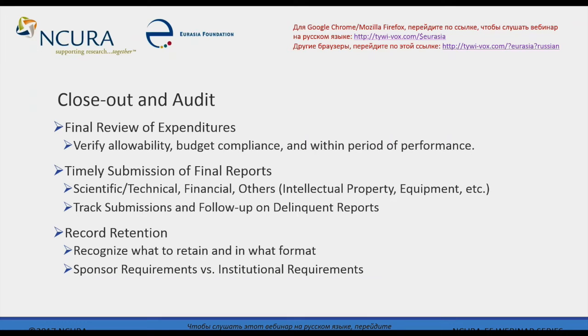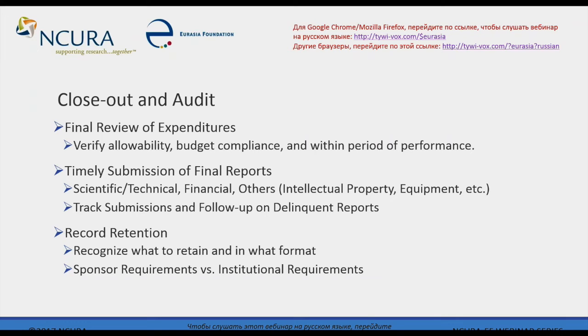Final reports need to be submitted on a timely basis. These include the scientific and technical reports, financial reports, and any other sponsor required reports such as intellectual property, equipment, and so on. These reports should be tracked, and follow-up should be done internally on delinquent reports. Tracking submissions is very important.